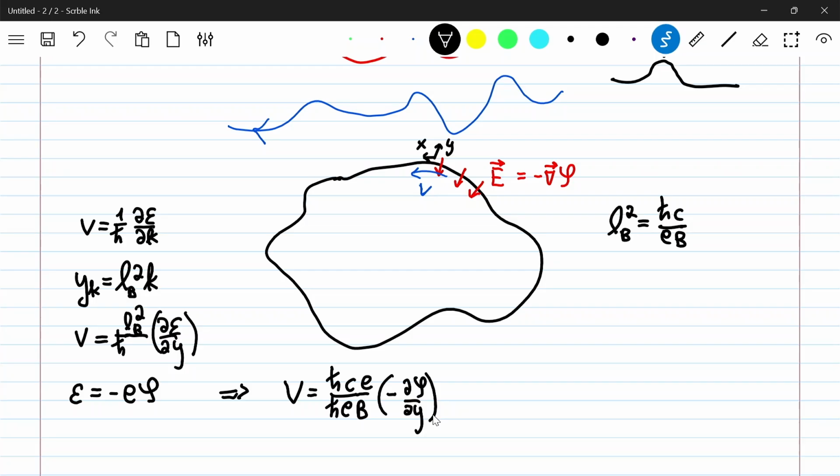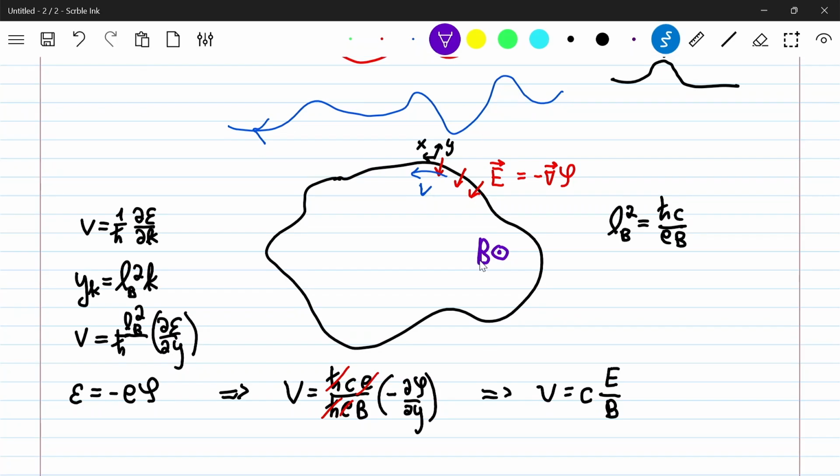So you see that some things here cancel. H bar also cancels, and what I get is that this edge velocity is given by c times E over B, where B is, of course I forgot to mention, perpendicular to the surface, and E is in the local y direction, so to speak.